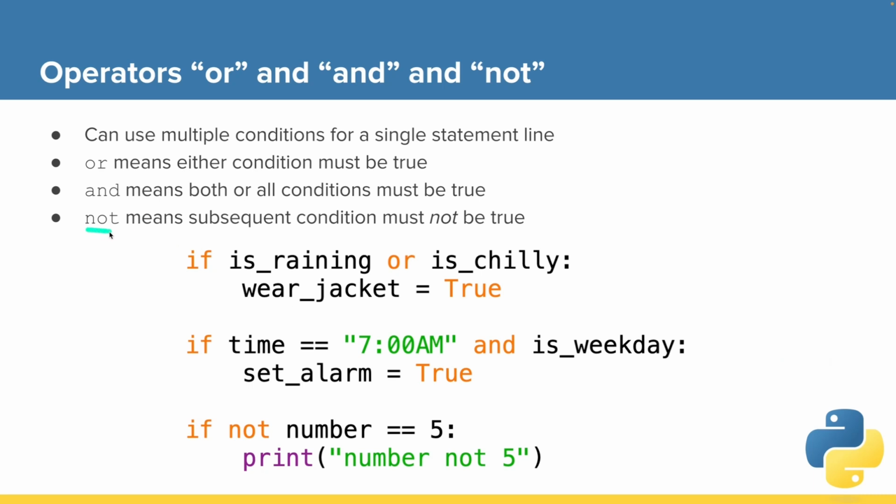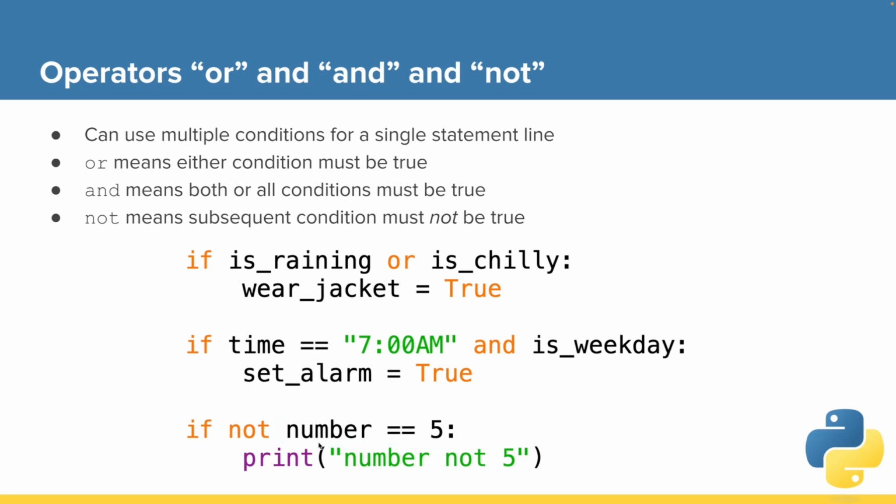And lastly, not means the subsequent condition must not be true for it to execute the code underneath. So if not number equals 5, let's take a look at this. Let's say we have a variable called number and it is 5.